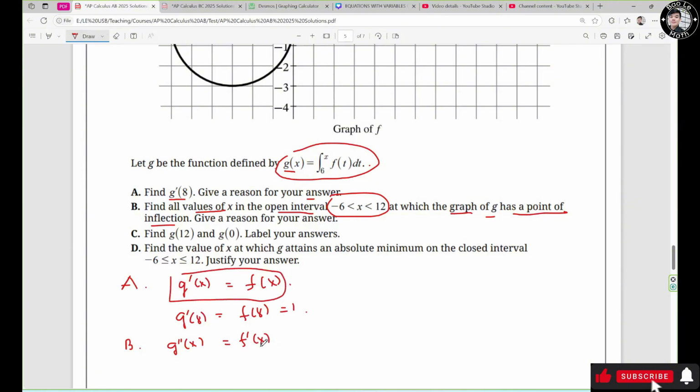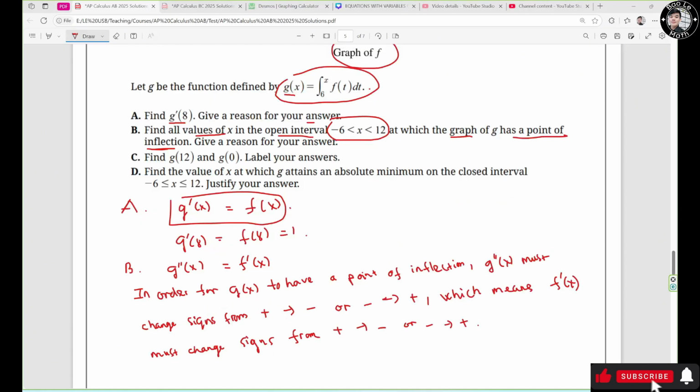Now f prime of s means the rate of change of the function f, or the slope of the function f, right? In order for the function g to have a point of inflection, g double prime of s must change sign from positive to negative, or negative to positive, right?